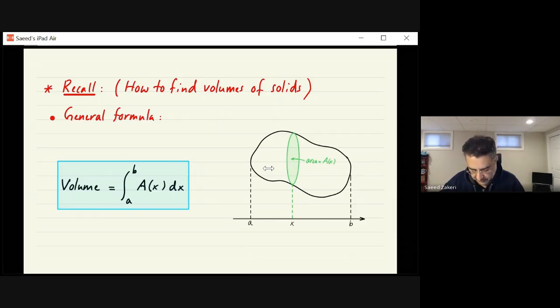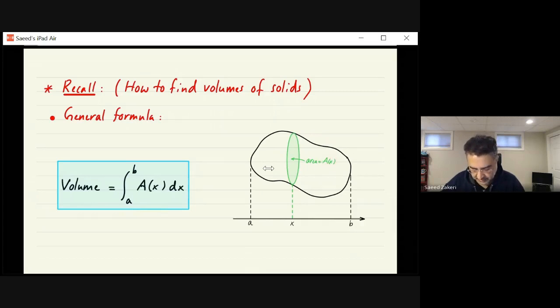Namely, if you place this solid next to some axis, which I suppose to be the x-axis, and the solid extends from a to b, and I cut this solid at some x and look at the cross-section, the area of this cross-section, which depends on x, is the so-called cross-sectional area function.